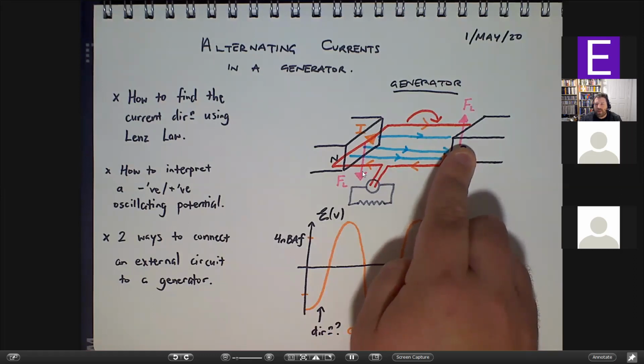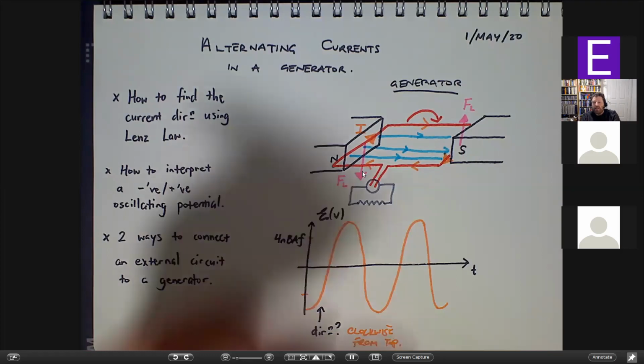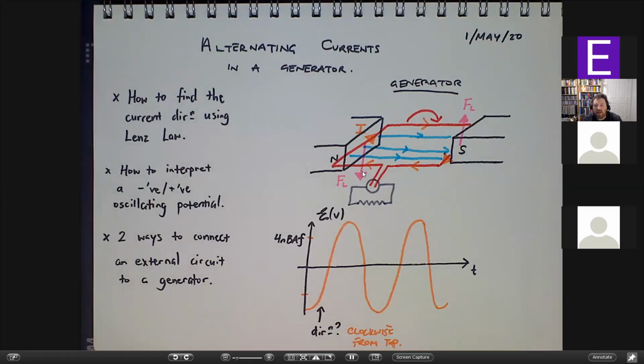You can try and write down every possible situation and say, in this situation, clockwise, clockwise, in this situation, anti-anti. But I suspect you're going to be more parsimonious to remember one way of doing it rather than trying to remember all the different combinations. Okay, so that's the way we're going to find the direction of the current.